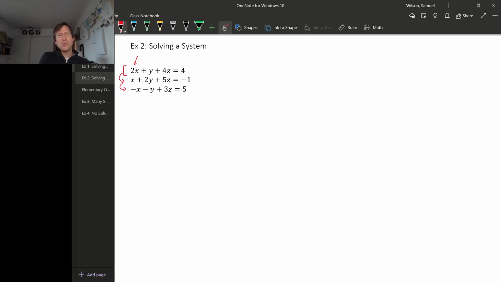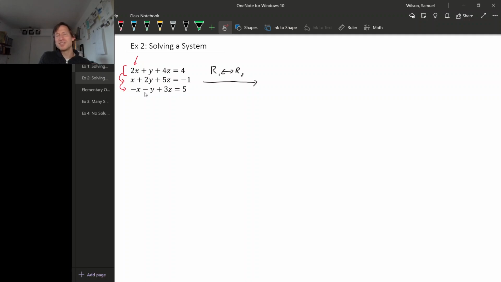But there's actually one more operation we can do on a system that we haven't done yet, and this operation doesn't change the solutions to this system, and it's just interchanging a couple of the equations. So let's just take row 1 and row 2 and swap them.